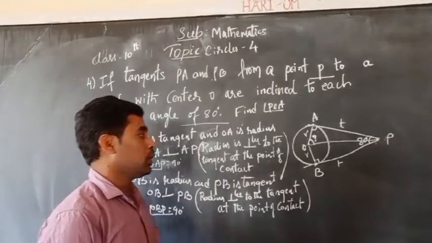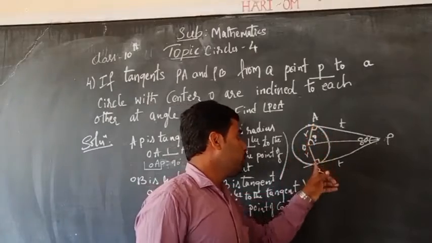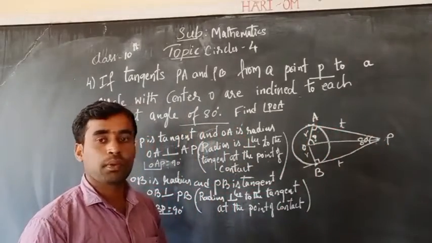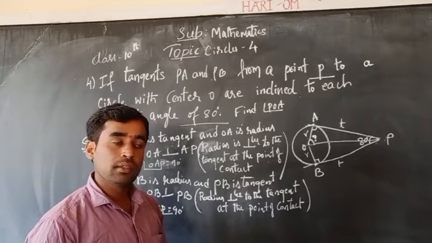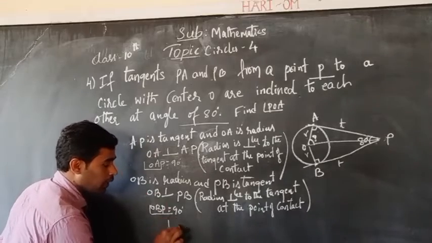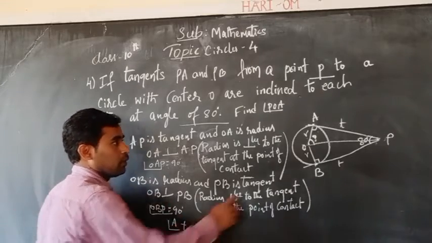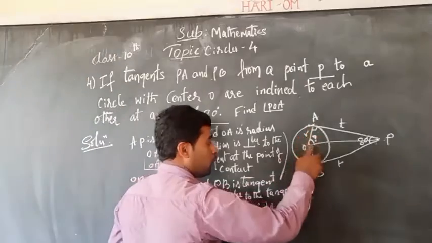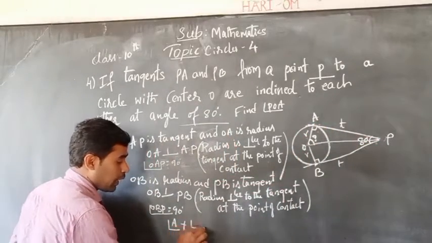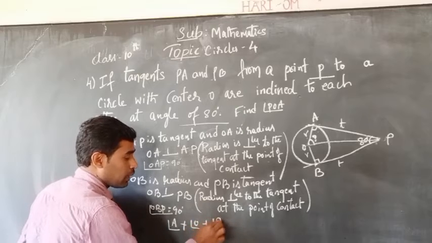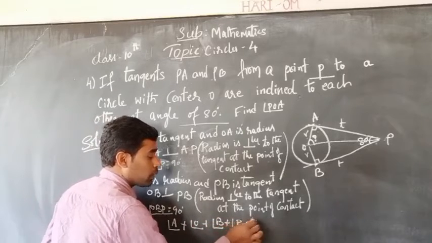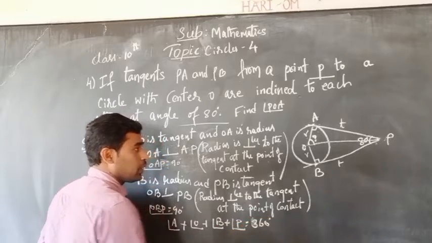Here AOBP is a quadrilateral. The sum of four angles of a quadrilateral is equal to 360 degrees. We can write angle A plus angle O plus angle B plus angle P is equal to 360 degrees.